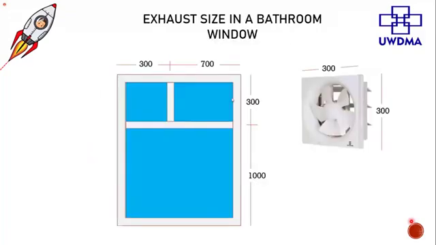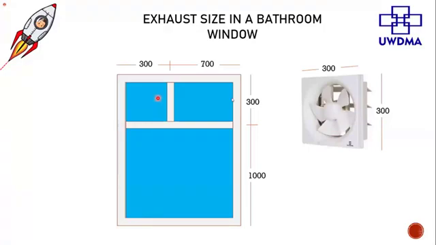One more type of fixed window which we normally see is the bathroom window, and in bathroom windows we do have exhaust fans. I made a mistake when I joined the UPVC industry in the year 2010.